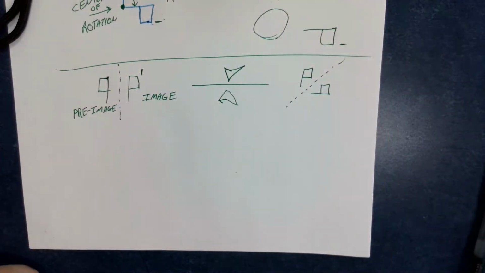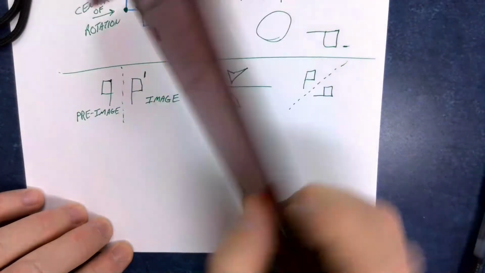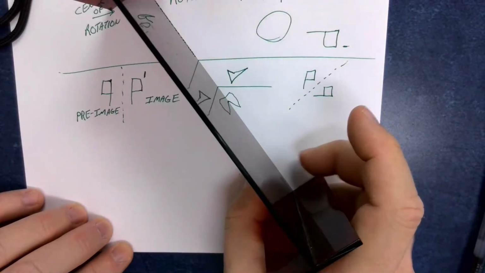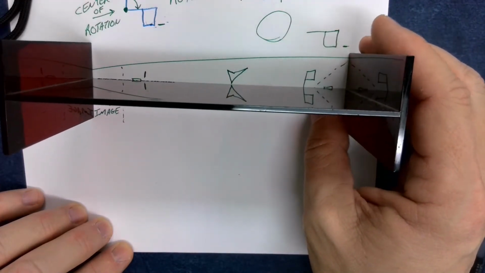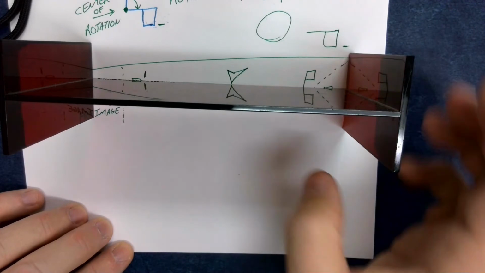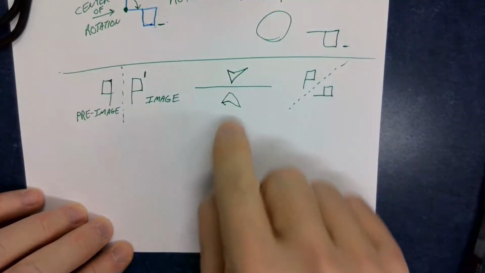So our ability to be able to perform a reflection using something like this could be beneficial. You can see that I can put it right on that line, and if I look through it, it should show up identical on the other side of it, or pretty close. I freehanded all these, so they're not going to be perfect.